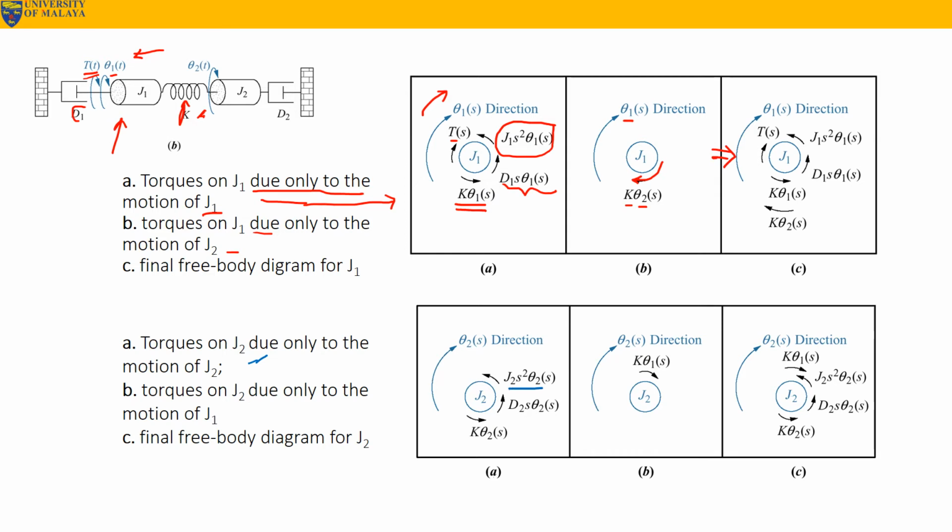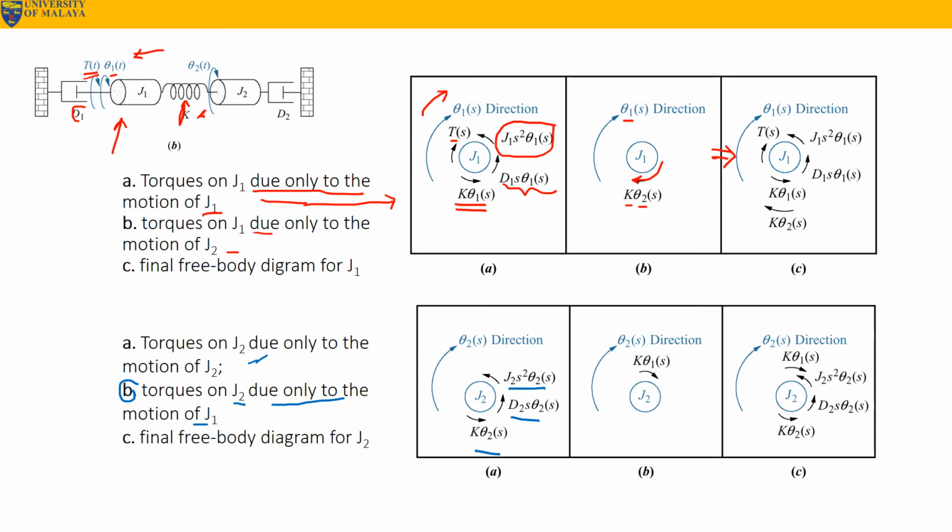First, the impedance from the inertia, J2 S squared theta2 of S, then the damper opposing that particular motion, D2 S theta2 of S, and finally the spring component, where the impedance is given by K theta2 of S.